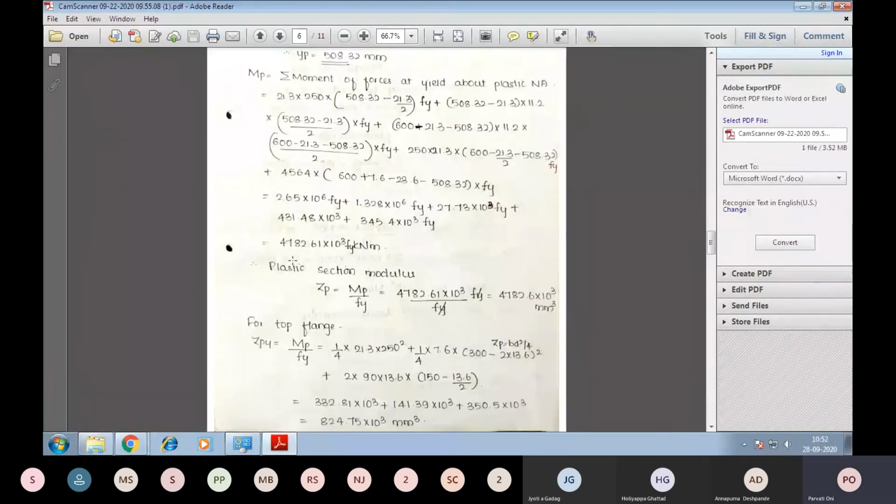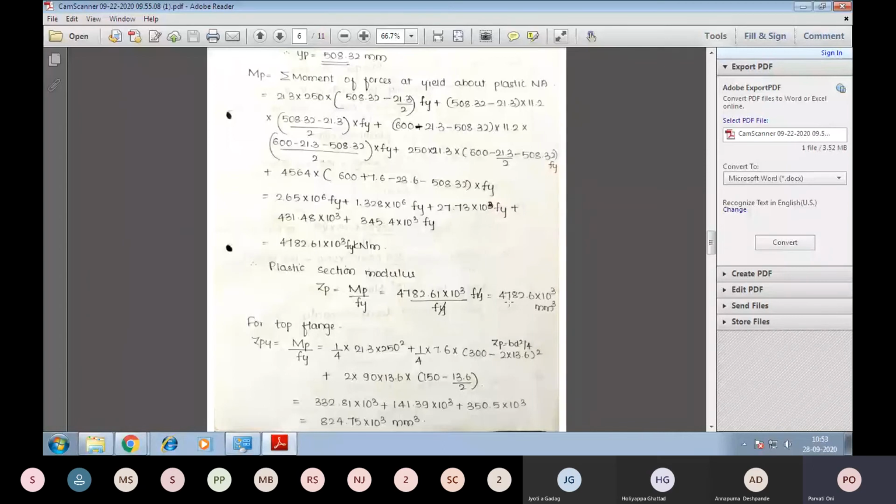Okay, you will get 4782.61 into 10 raised to 3 Fy kilonewton meter. So now we got the value of the plastic moment. Now calculate the plastic section modulus, that is Zp, that is Mp divided by Fy. This is from the bending stress equation, right? So substitute the value.